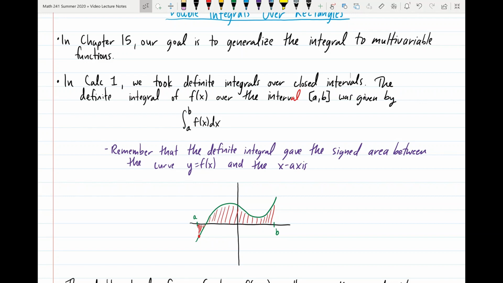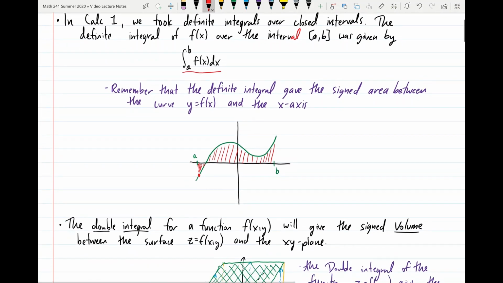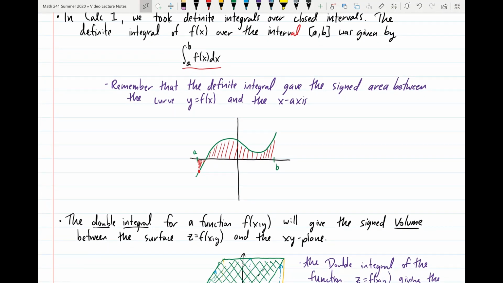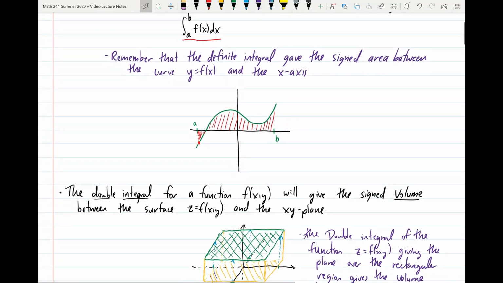So remember that in Calc 1, we took definite integrals over closed intervals. So the definite integral of some function f of x over the closed interval from a to b was given by this expression here, which of course we are all familiar with at this point. But remember that the definite integral gave the signed area between the curve y equals f of x in the plane and the x-axis.